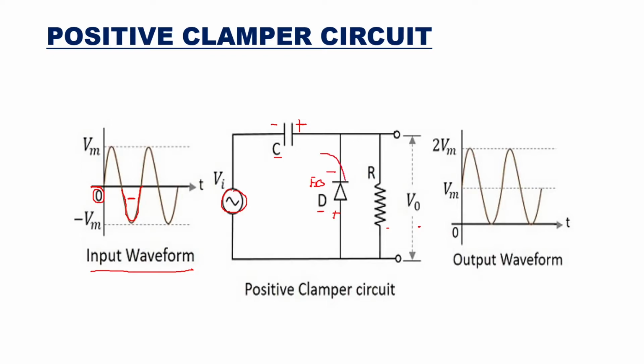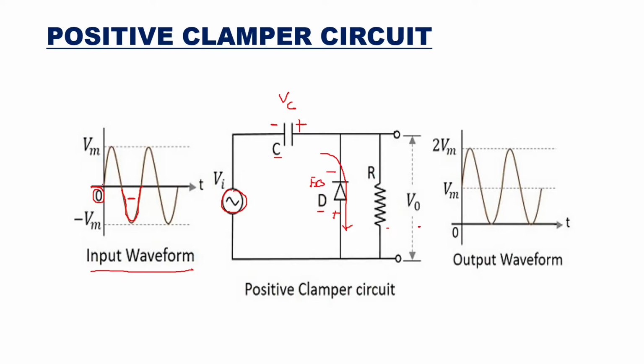It is going to conduct, the output voltage will be 0, and the capacitor will get charged with minus plus polarity. This capacitor voltage will be equal to our input voltage only. The full voltage will come across the capacitor.